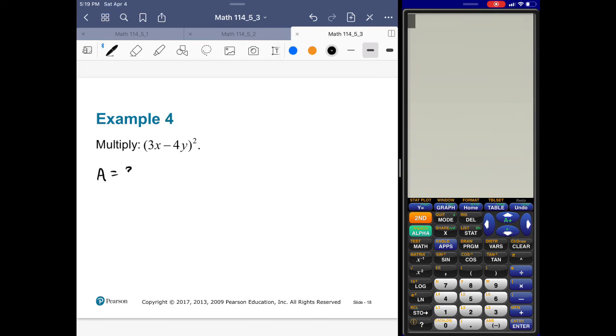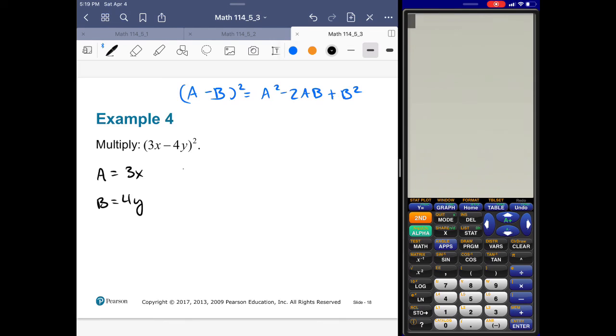So on this one, a is equal to 3x, b is equal to 4y. So I have that if I have a minus b squared, this is a squared minus 2ab plus b squared.